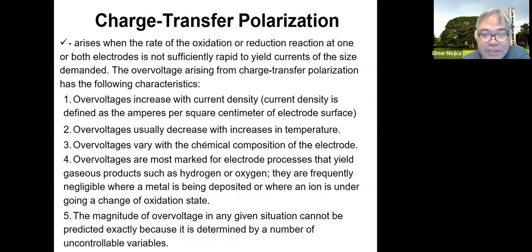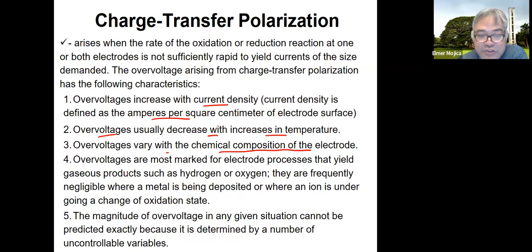There's an increase with the current density, defined as the amperes per square centimeter of the electrode surface. Now, the overvoltages can also decrease with an increase in the temperature. And overvoltages that arise from the charge transfer polarization can vary with the chemical composition of the electrode.